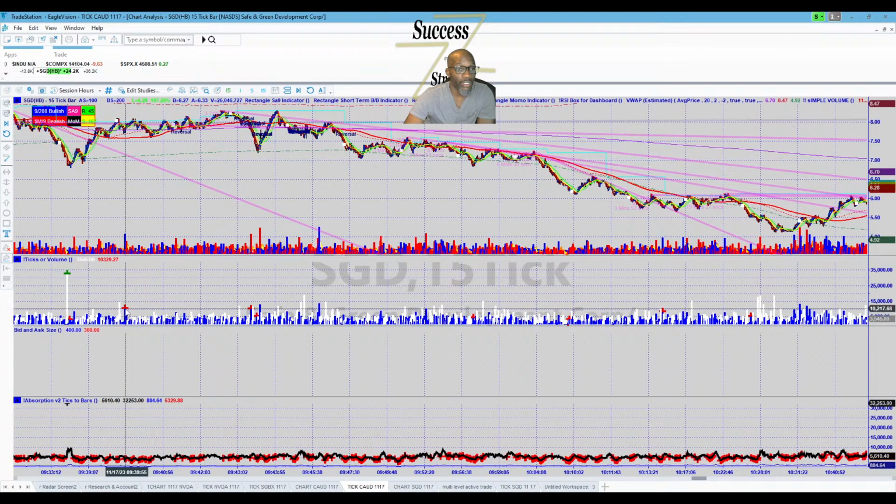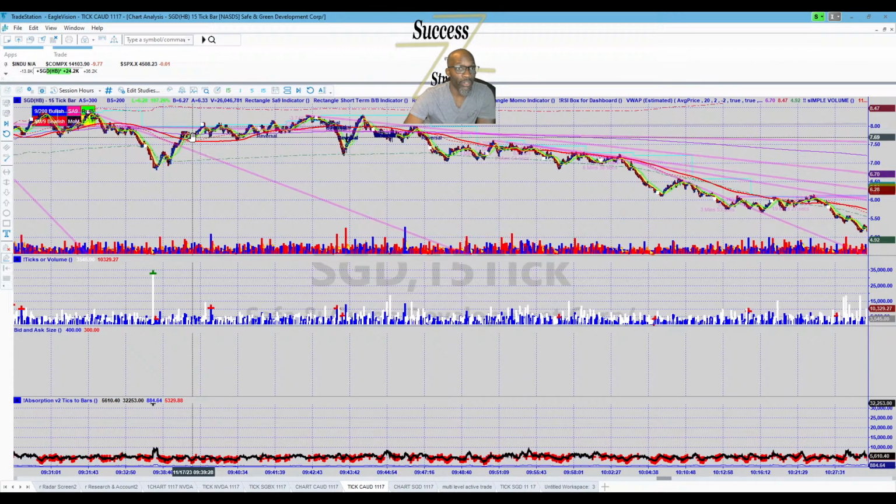This one here, shallow pullback or continuation. Okay, so all these pluses are actually not doing bad for SGD. I think the problem is, like I said, I was in SGD earlier and I was taking hits to the head.